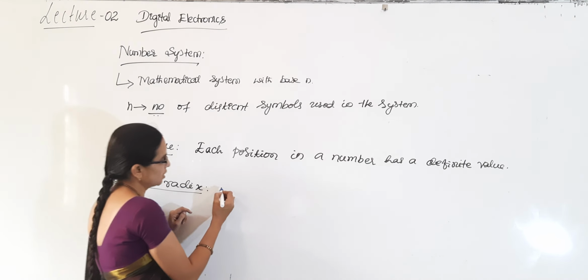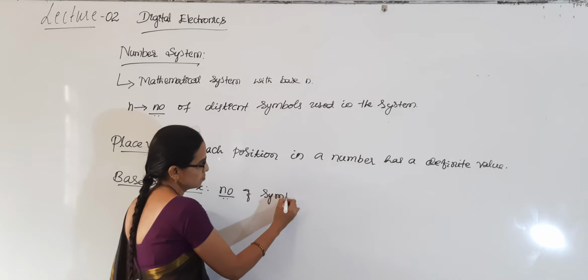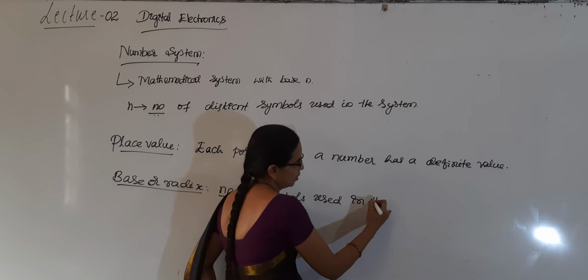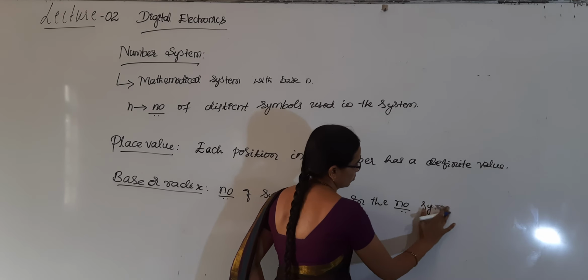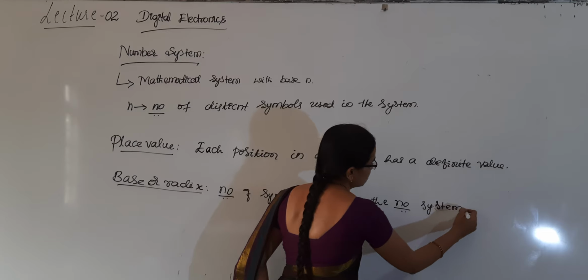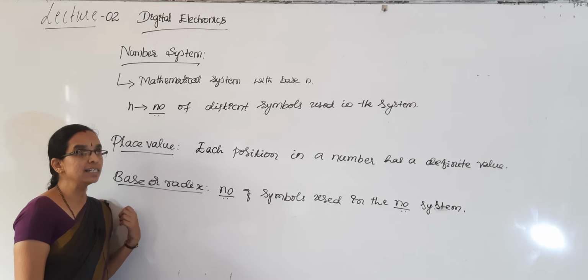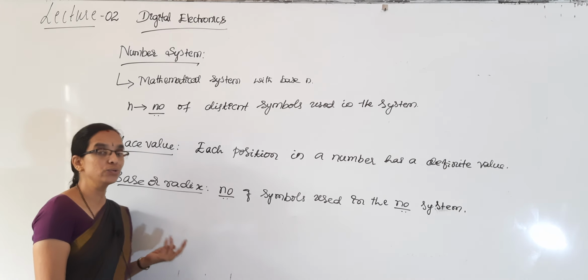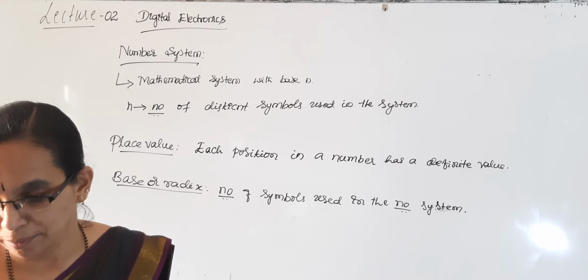Base or radix is nothing but the number of symbols used in the number system. That means in the decimal number system 10 is the base. In the binary number system it uses 2 different symbols, so 2 is the base. In the hexadecimal number system it uses 16 different symbols, so the base is 16.